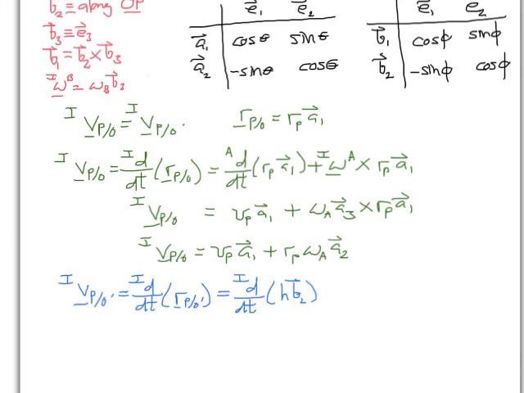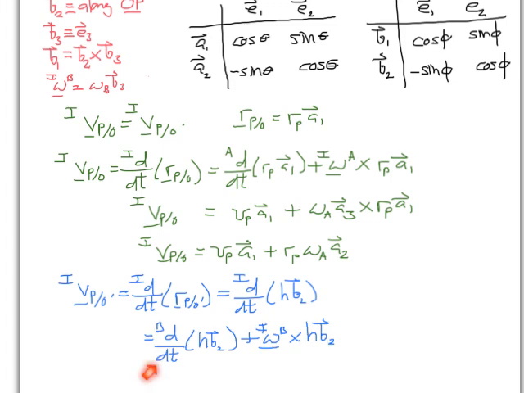Unlike r sub P, H doesn't change length, and so it's a constant in that direction no matter what happens with the system. And so when we apply the transport equation, it's the time derivative as observed in the B reference frame of H B2 plus omega B as observed in I crossed with H B2.